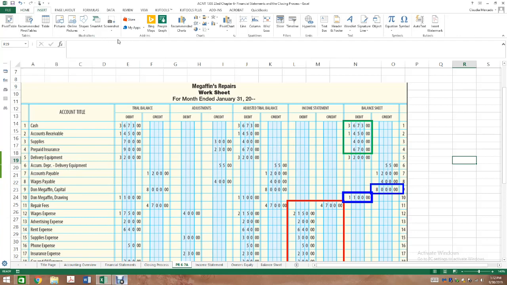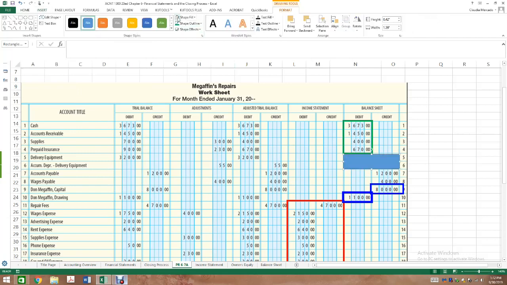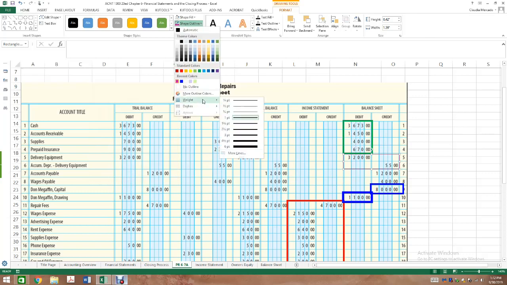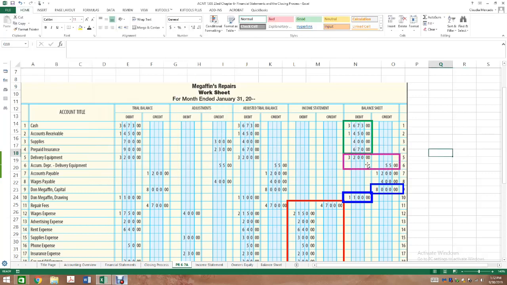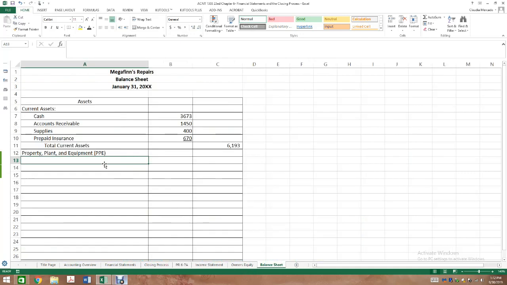So I'm going to bring in my $3,200 and my $55 accumulated depreciation into this next section of the balance sheet. Now, $3,200 is a debit, $55 is a credit, so make sure when you transfer that information over, you transfer it accordingly.